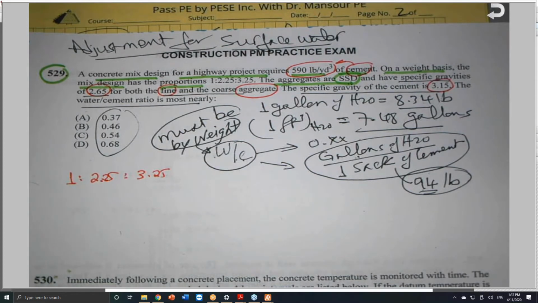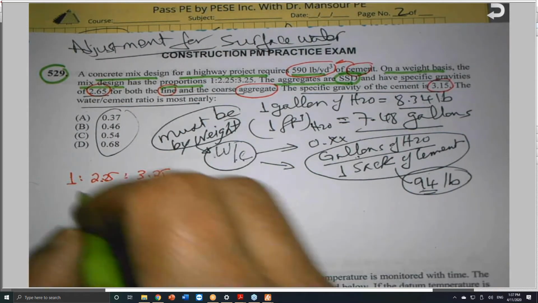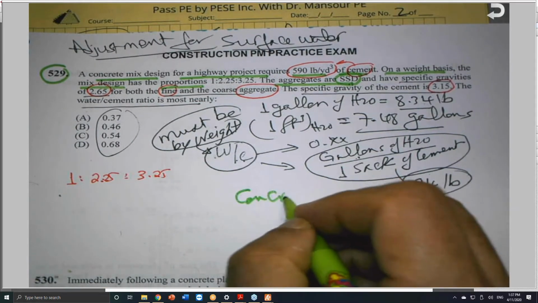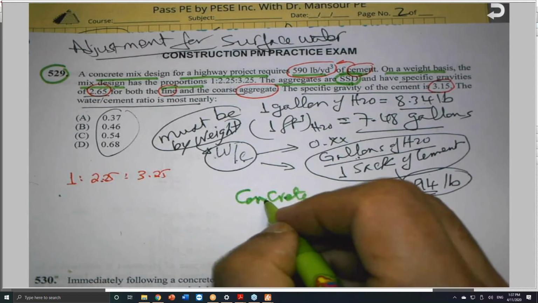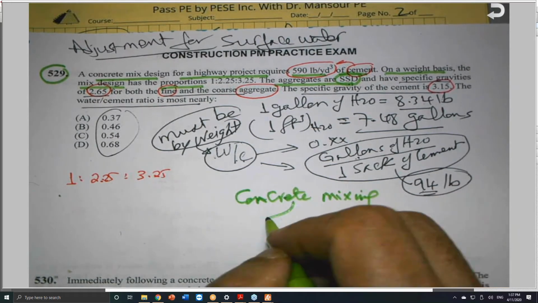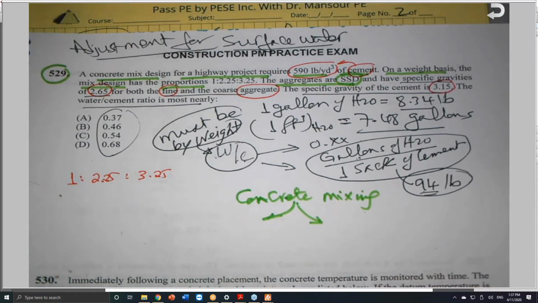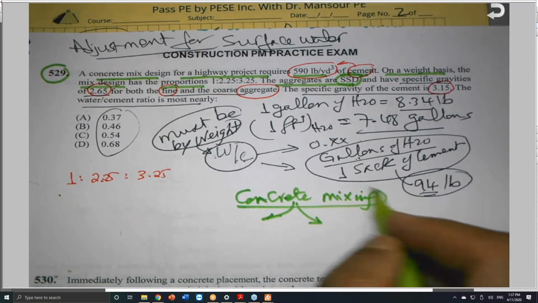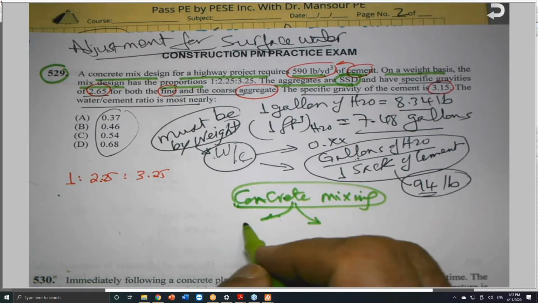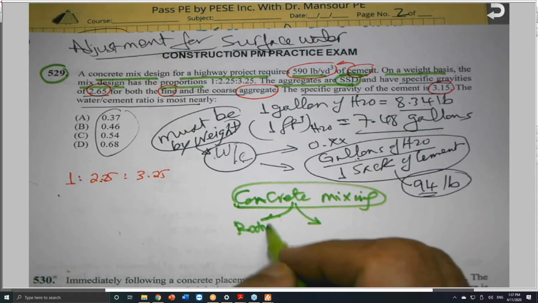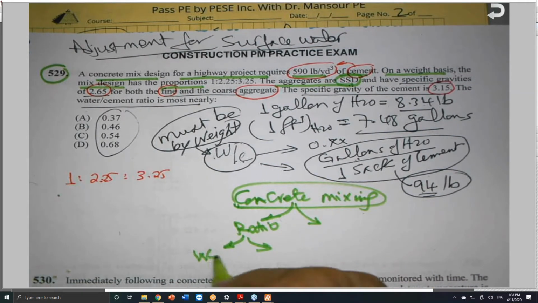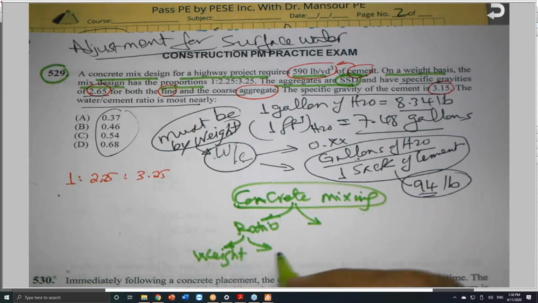Mixing concrete, there are two systems. The ratio could be either by weight or by volume.